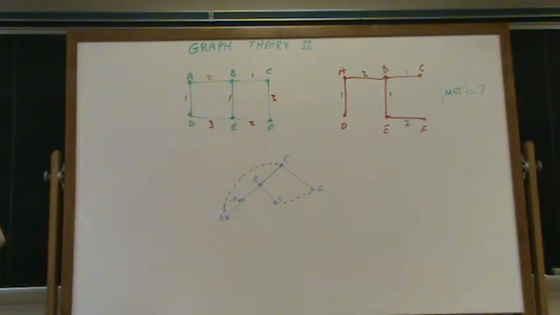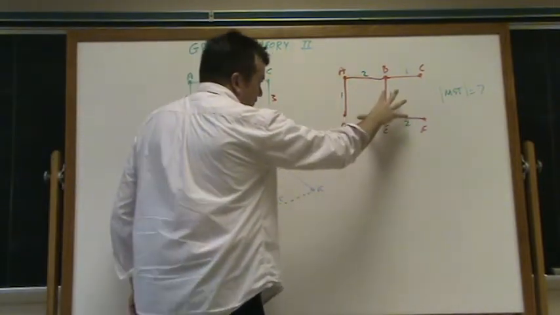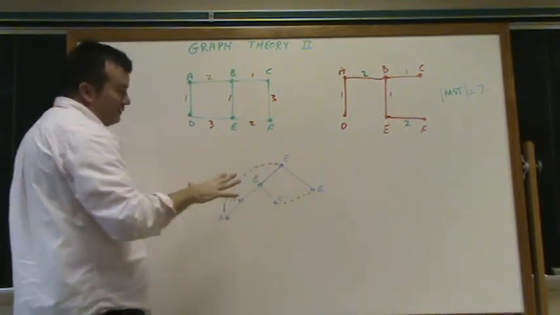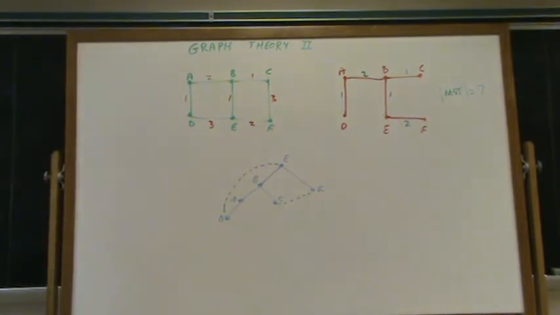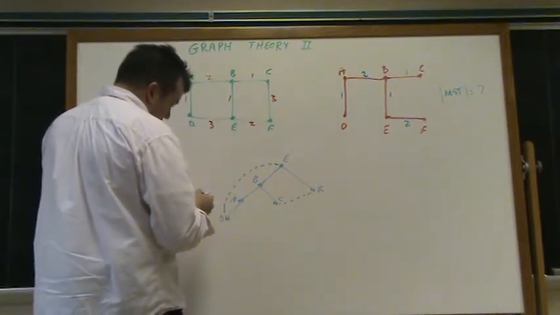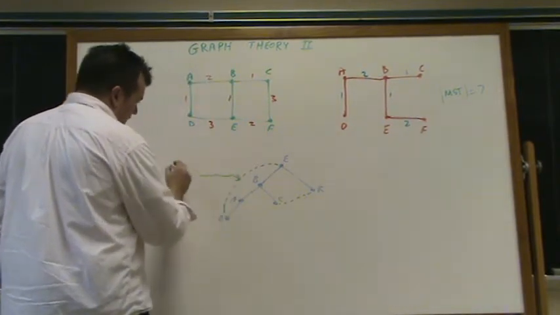So if we take a graph, create a spanning tree from it, and then we draw dotted lines to include the edges we've missed, we can sometimes refer to this edge here as a back edge.